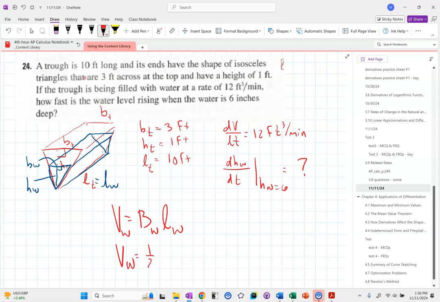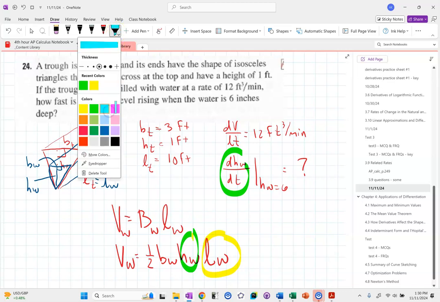So the area there is 1/2 base times height. So far so good. Now, this length is a constant, so we don't have to worry about it. But I know I want to know about HW, but I don't want anything to do with BW, right?